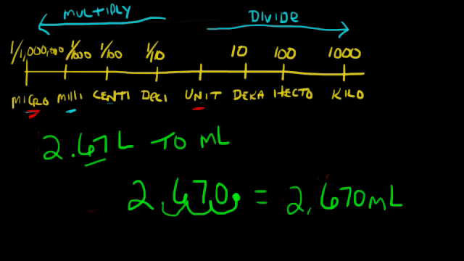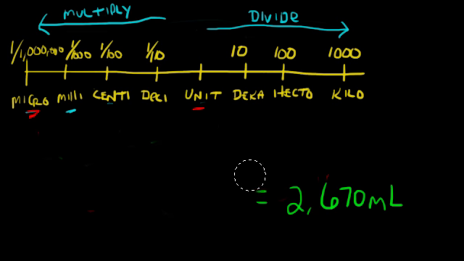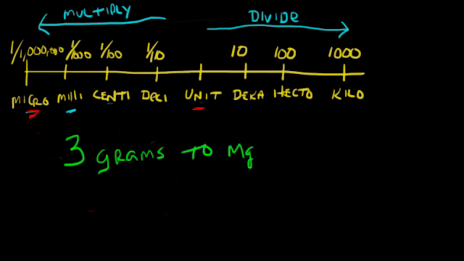Okay, should be starting to get the hang of that a little bit. Let's erase that and do another one. And in this next one, we are going to be converting from grams to milligrams. So if I want to convert 3 grams to milligrams, there's my 3.